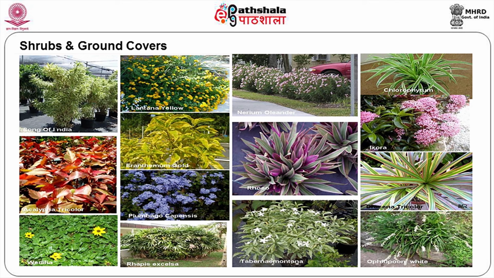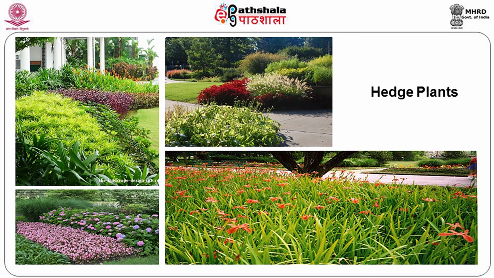Plumbago is also a small shrub. Ravenala is again a palm variety. Tabernaemontana is what we call Nandiyavattai in Tamil. It is a very good white-flowering plant. Ophiopogon white is also a smaller shrub with colorful plants. These are all different varieties of hedge plants we have.